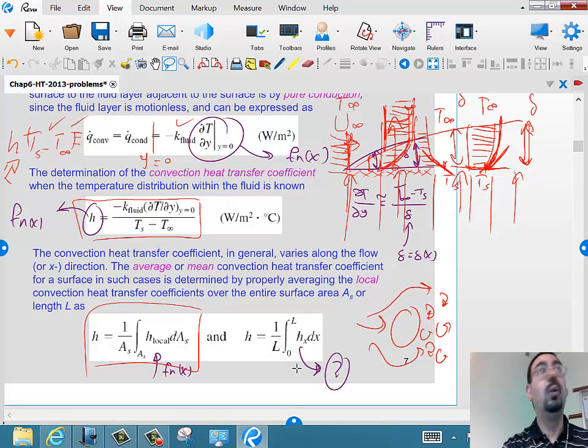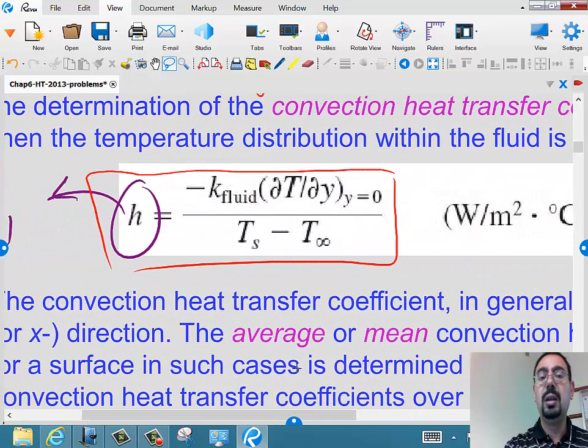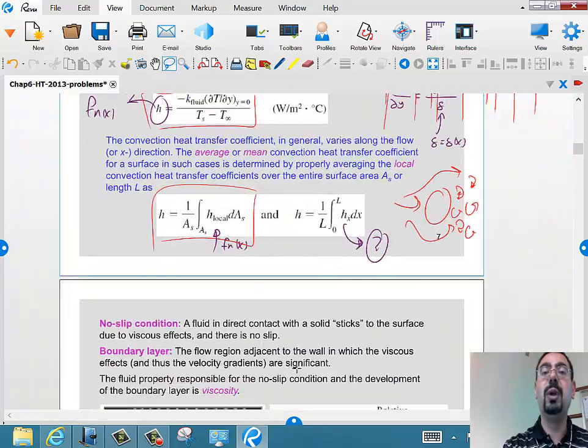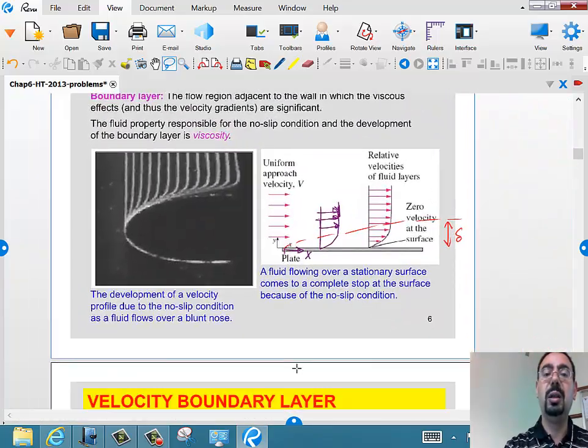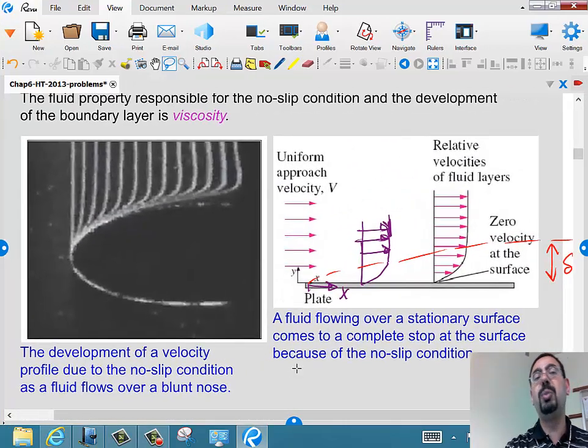All right? Why is H varying from one place to the other? Because look at the definition. The definition is that H is the local gradient of the temperature at the wall. That local gradient will change with the boundary layer from one location to the other. Right? He's trying to explain this over here. They actually managed to get the velocity profile by putting in a smoke line or dye line.